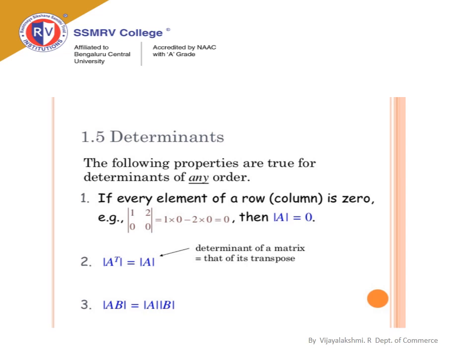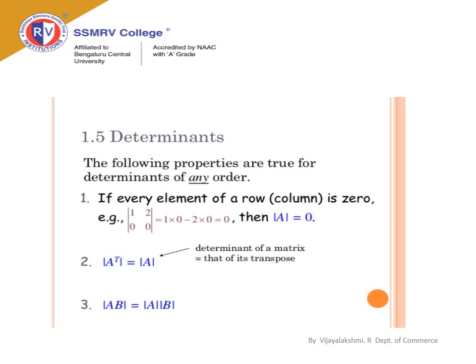So if you are finding the determinant of A dash, that will be equal to the calculation made under determinant A. In the above example, we have 1, 2, 0, 0. 1, 2 is in the first row, 0, 0 is in the second row. So if we are converting rows into columns, then we are going to get 1, 0 and 2, 0. Again, if you multiply, you will get the answer 0. That is, determinant of A dash will be equal to determinant of A.